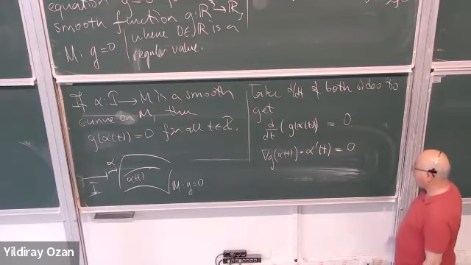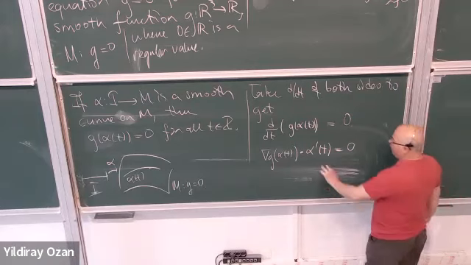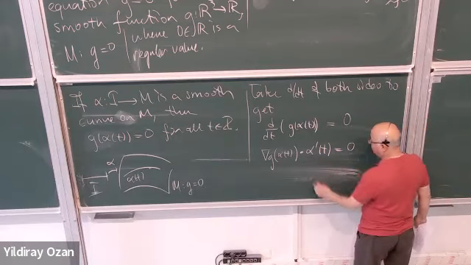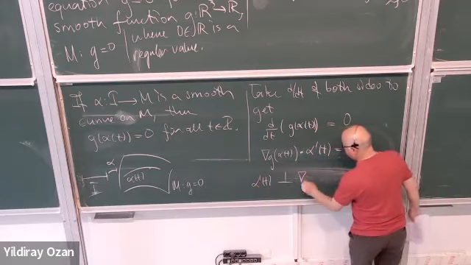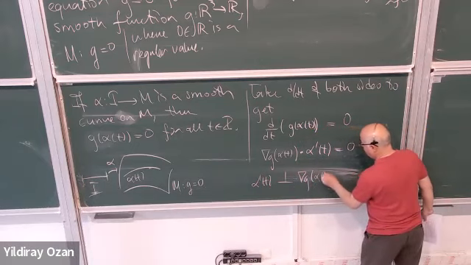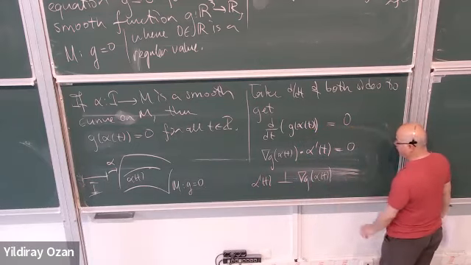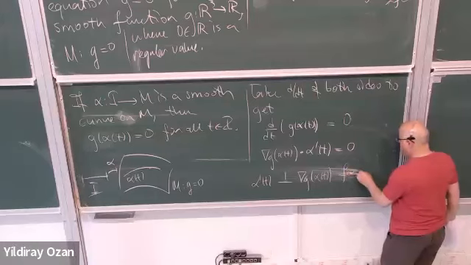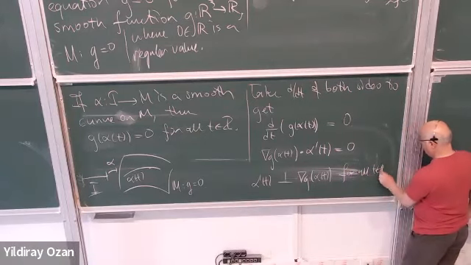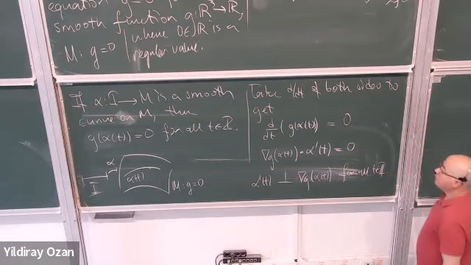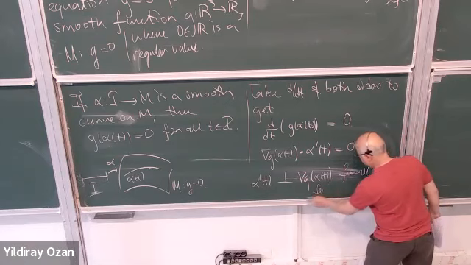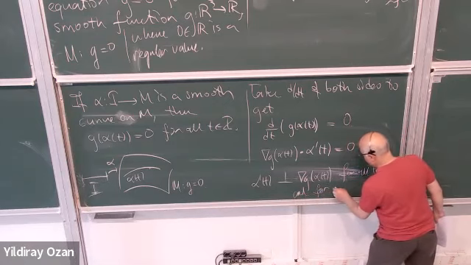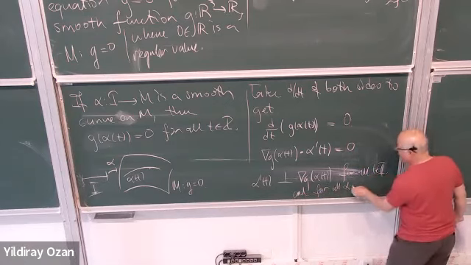Well, this means alpha prime t is perpendicular to the gradient of G at the point alpha t for all t, and for all alpha.